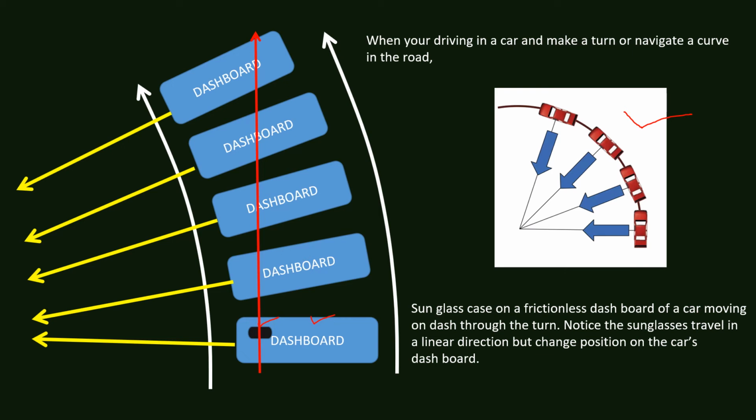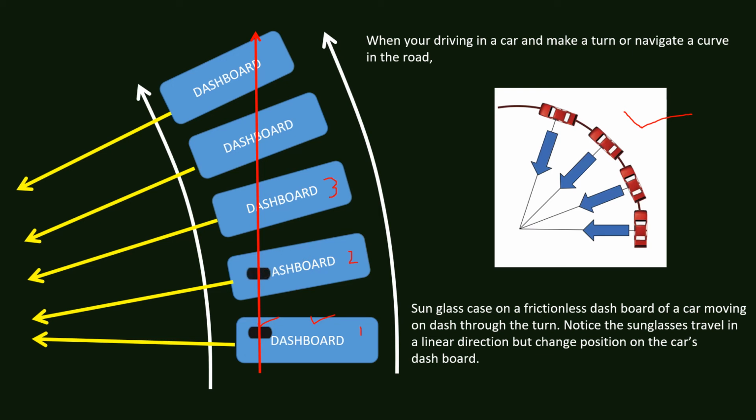And we're going to look at what's happening to the sunglass case right over here, through each frame. This would be frame 1, this would be frame 2, this would be frame 3, and so on. What happens to the sunglass case? There's no friction between the dashboard and the bottom of the case. So let's take a look as we go through each frame.